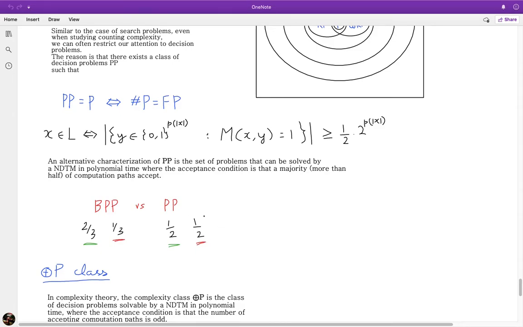So we can see that BPP is a subset of PP, as we can boost these probabilities to achieve this.